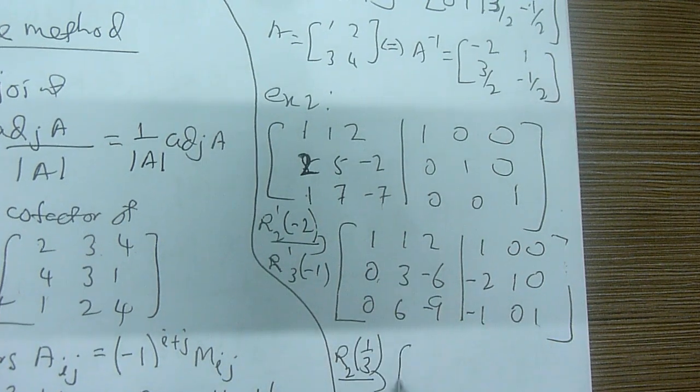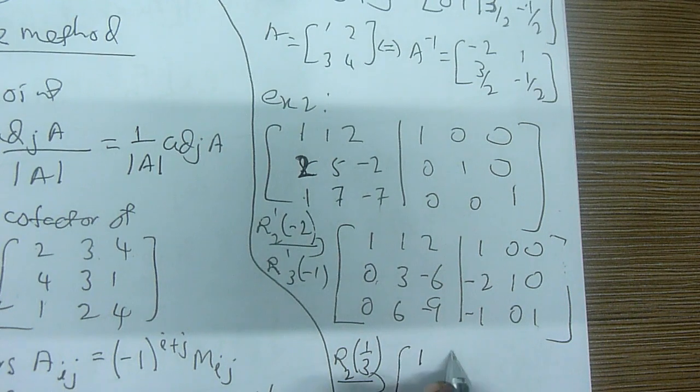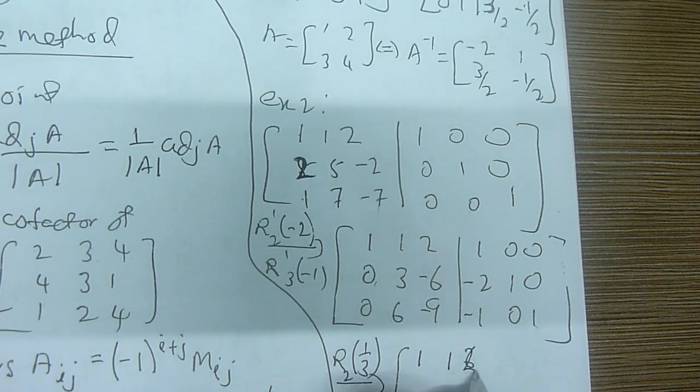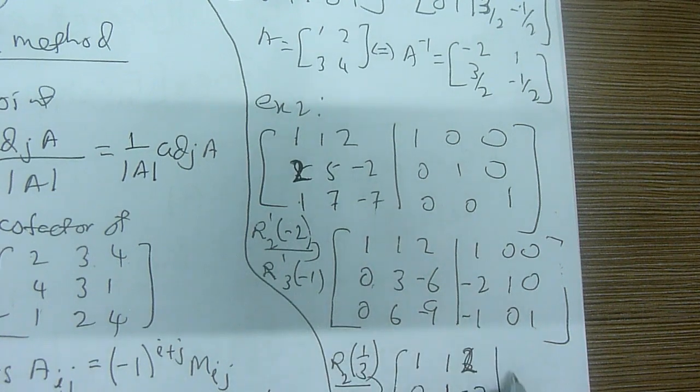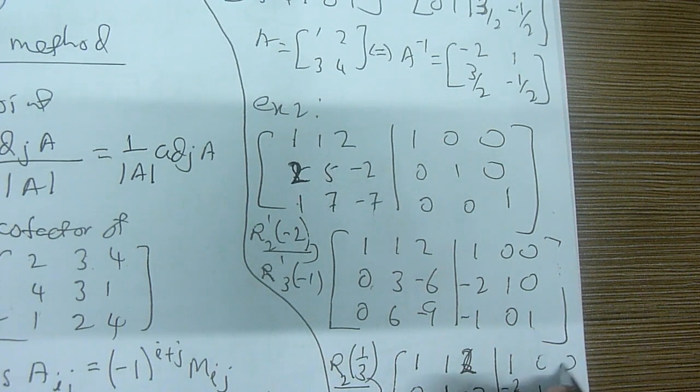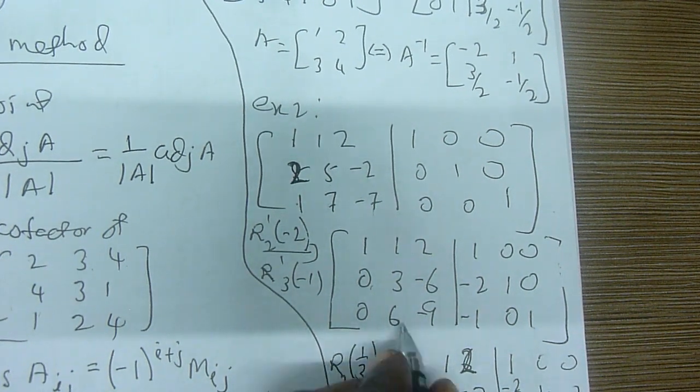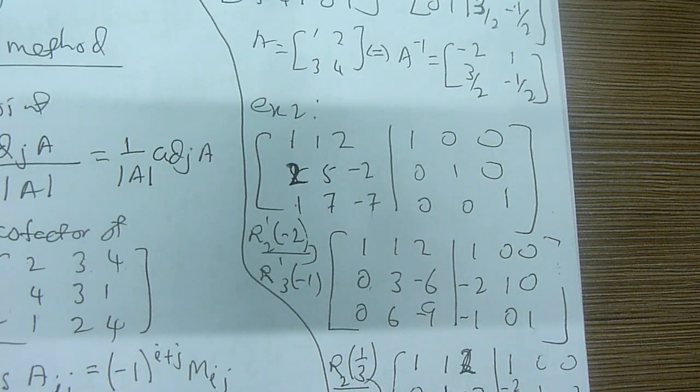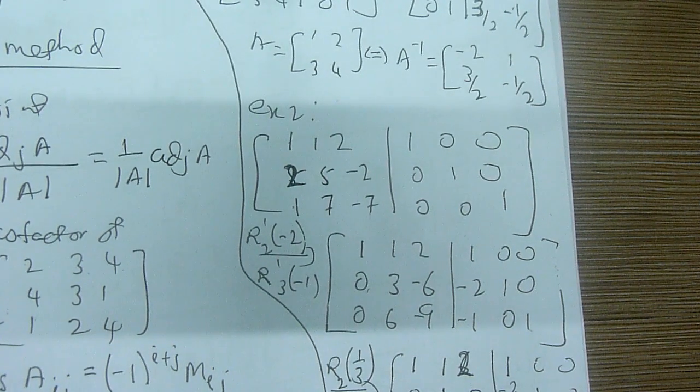Step by step, 1 1 2, don't change anything on the top. Then 0 1 negative 2 over 3, 1 over 3 0 0, because I am dividing by 3. Don't touch the rest here: 6 negative 9, negative 1 0 1.